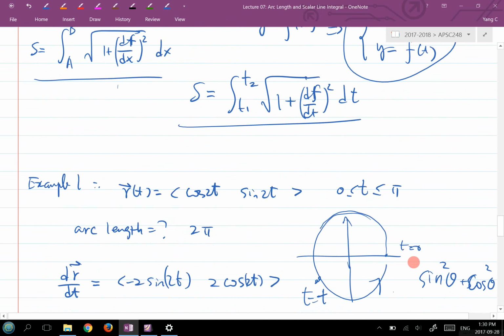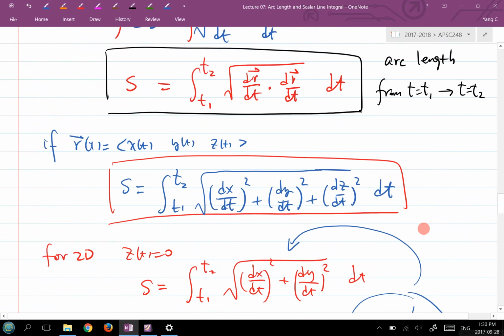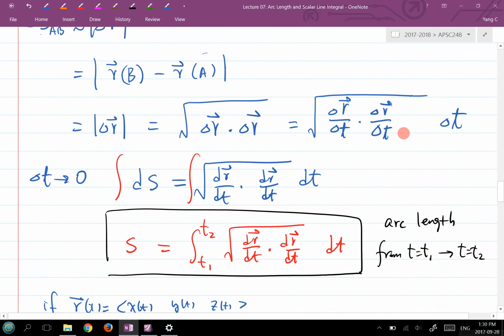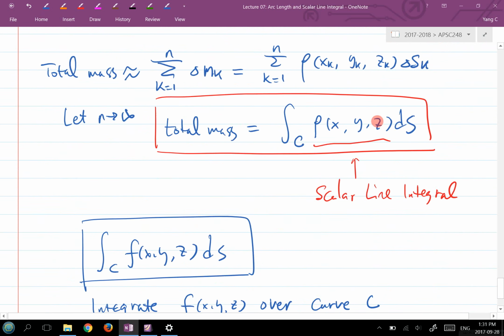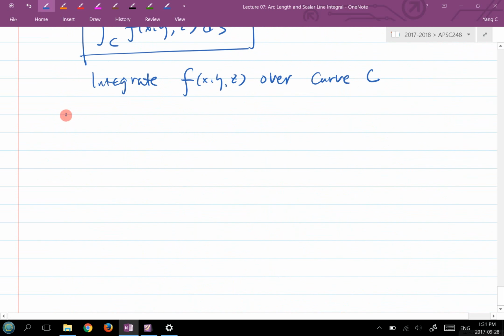ds represents the infinitesimal quantity. This ds equals what we have over here. That's the small arc length, so this is where we can do the replacement.